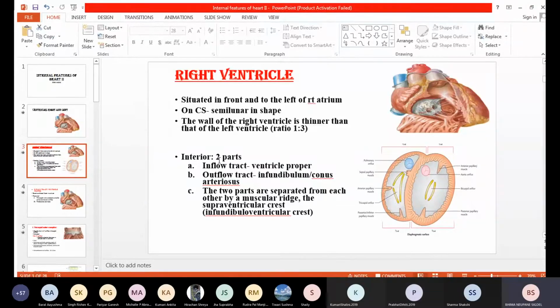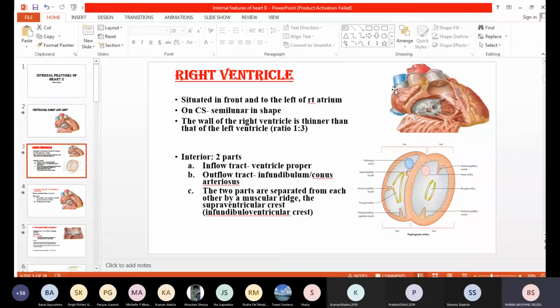Now moving towards the orientation of the right ventricle in comparison to the right atrium. This is the right ventricle as a whole, and we have reflected the anterior surface, the sternocostal surface. After reflecting, you can see it is situated in front. This is the right atrium.